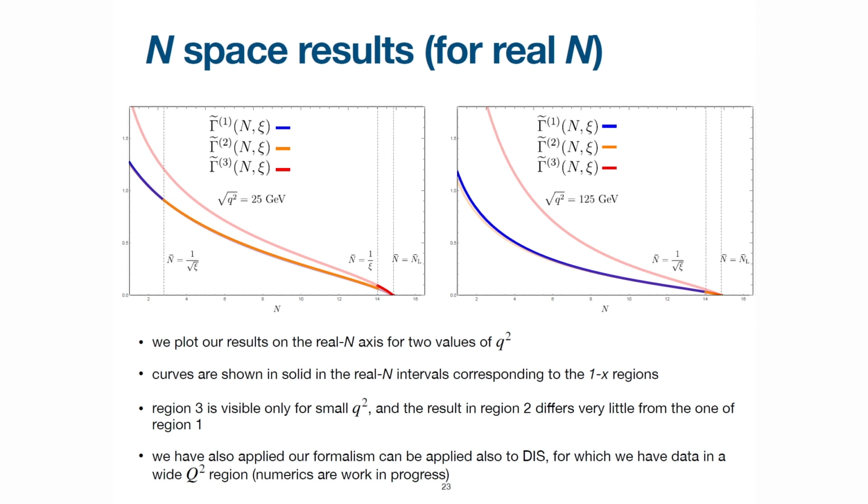On these plots, these are for 2 different values of the hard scale. This is square root of q squared equal to 25 GeV, and this is instead an on-shell Higgs. Now here, this is in n space, and I put vertical lines where essentially the transition points in x space are mapped to.